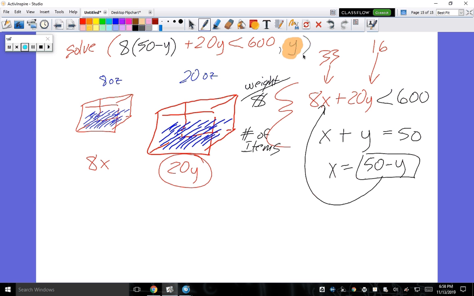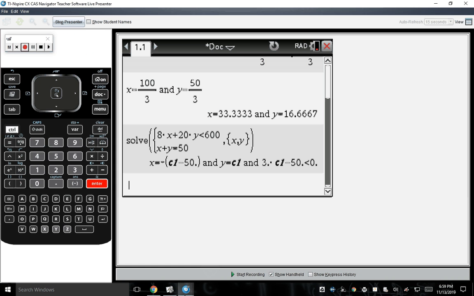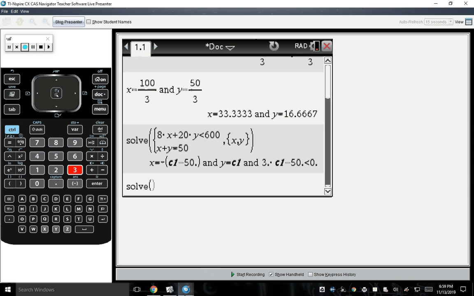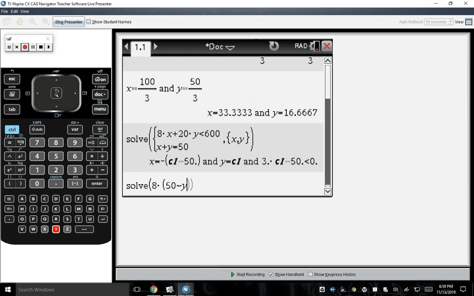Okay? So let me take a picture of this. This will be our last problem, okay? So going back to our calculator, it will look like this. Menu, 3, 1. You're going to do parentheses, where it already has it. 8 times parentheses 50 minus y, close parentheses, plus 20y, Control equal to less than 600.